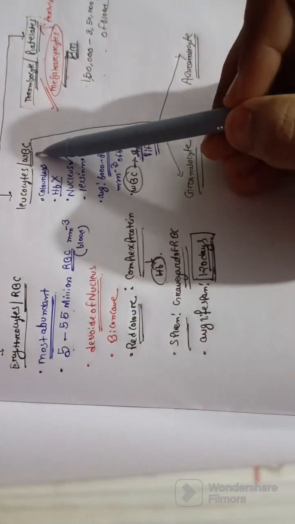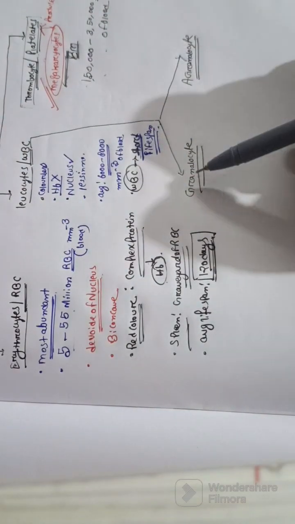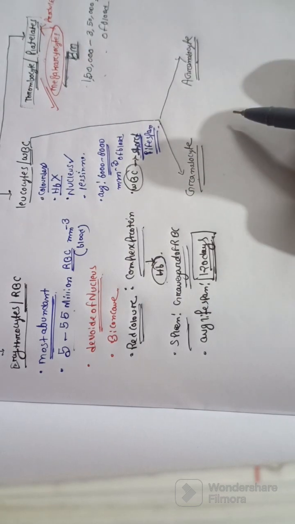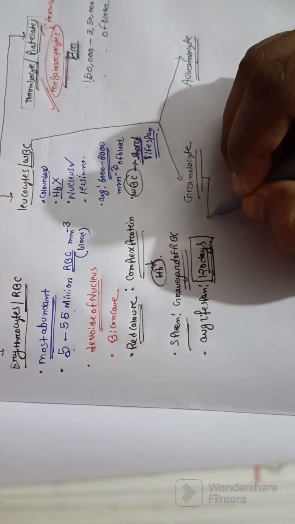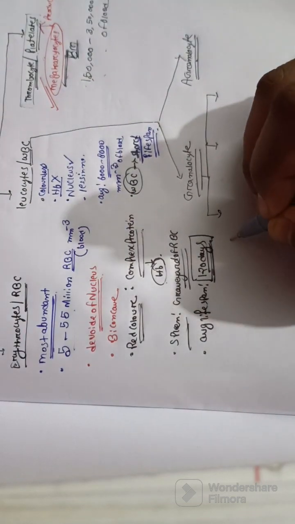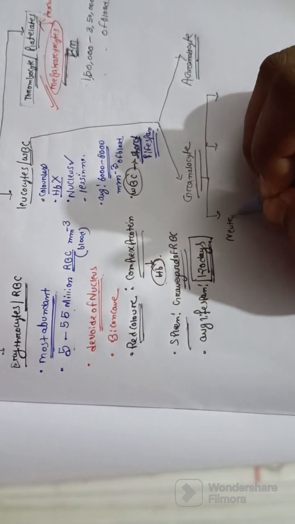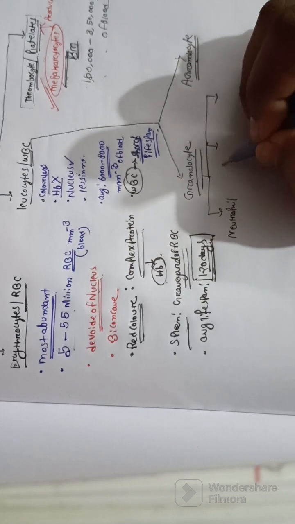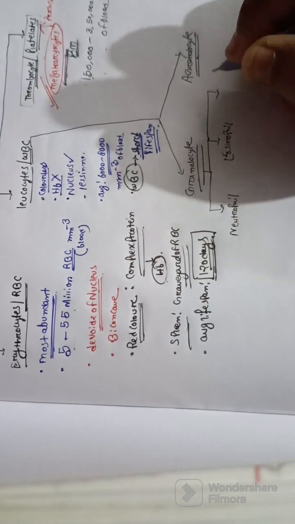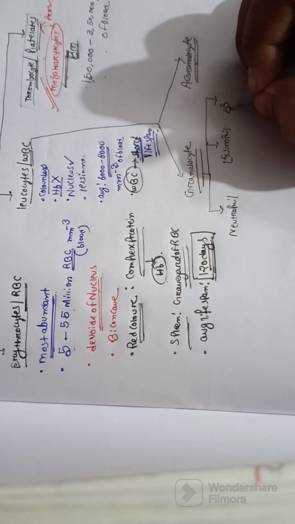However, the leukocytes or WBCs are classified into two more types: granulocytes and agranulocytes. Granulocytes are also classified into three types: neutrophil, eosinophil, and basophil.